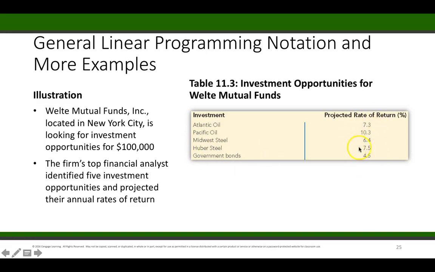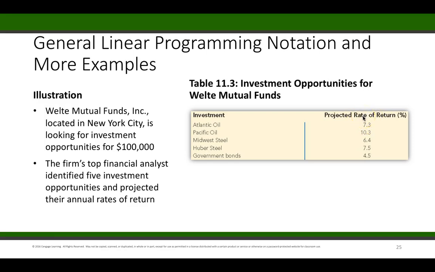And these are the expected rates of return: 7.3% for Atlantic Oil, 10.3% for Pacific, and 6.4, 7.5, and 4.5 for Midwest, Huber, and government bonds. Now, one thing, these are expected, projected rates of return. So we are obviously making a leap of faith here, but that's okay. At some point, you have to say, okay, I'm going to invest in Atlantic Oil because I get a 7.3% rate of return. But that is also not straightforward.